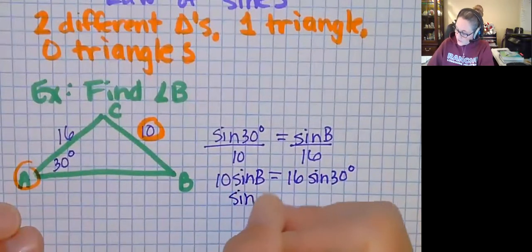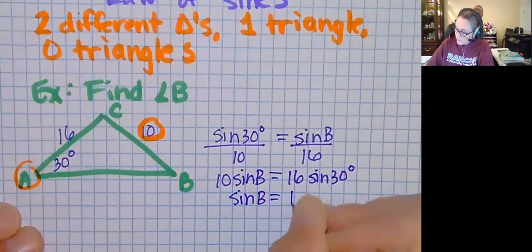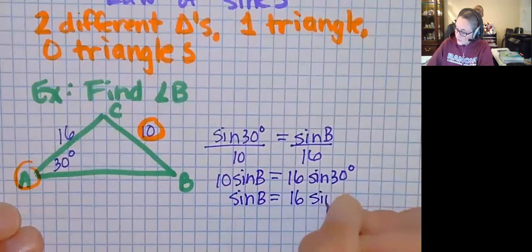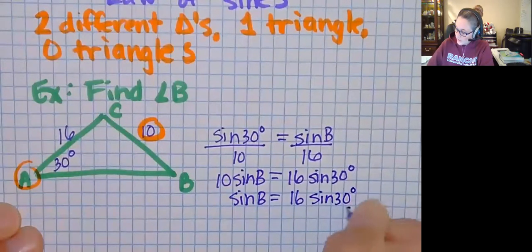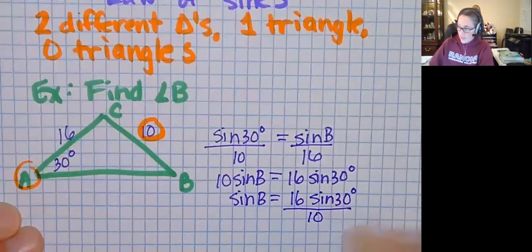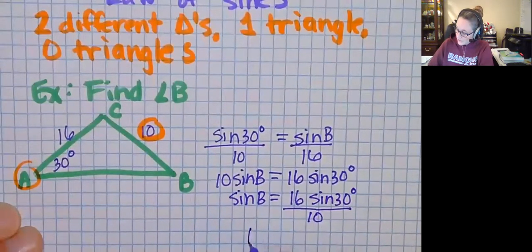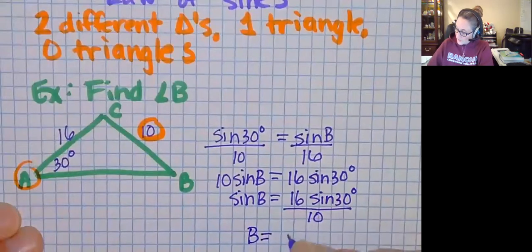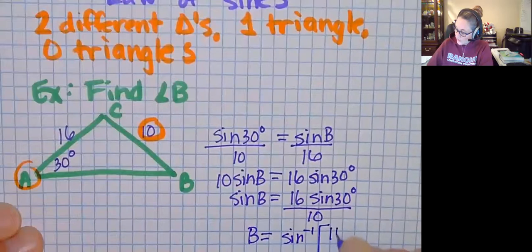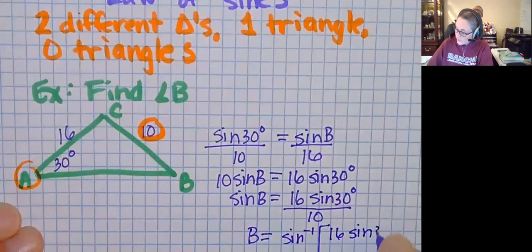So I'm going to get sine B is equal to 16 times sine of 30 degrees divided by 10. And again, I want to find the angle measure. So that means that to find B, I'm going to be taking sine inverse of this, 16 sine 30 degrees over 10.